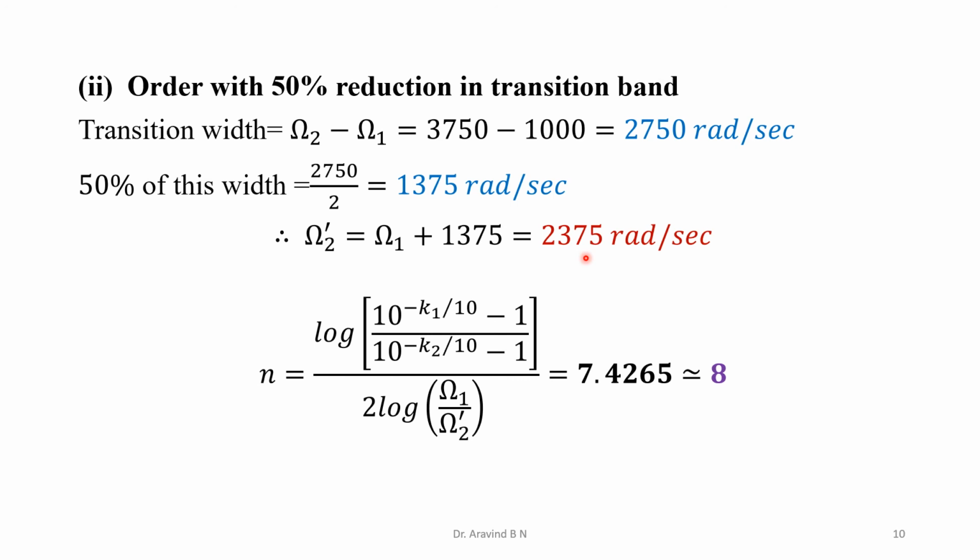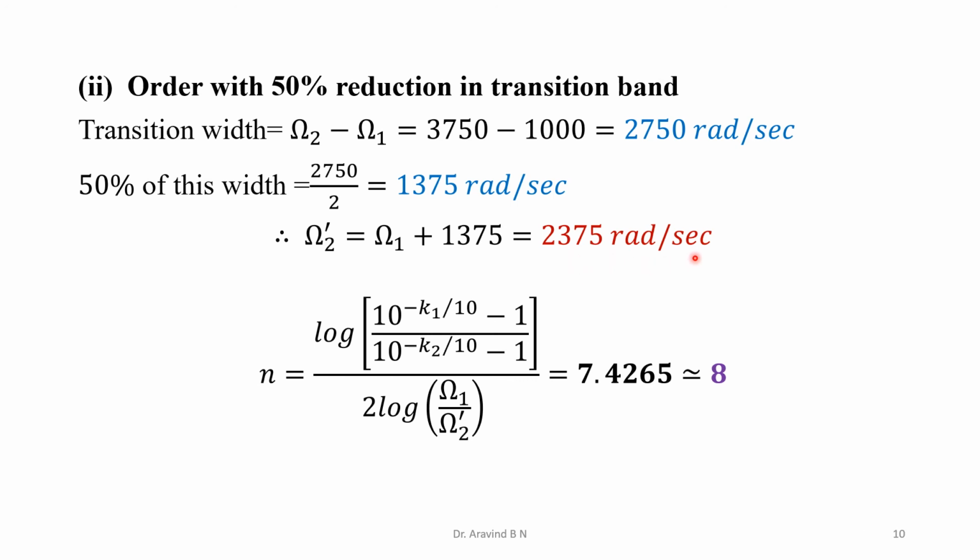So the only possibility left is we can alter the stop band value. Therefore, we altered the stop band value and kept the pass band value omega 1 as it is. So this is the new stop band value, 2375 radians per second.